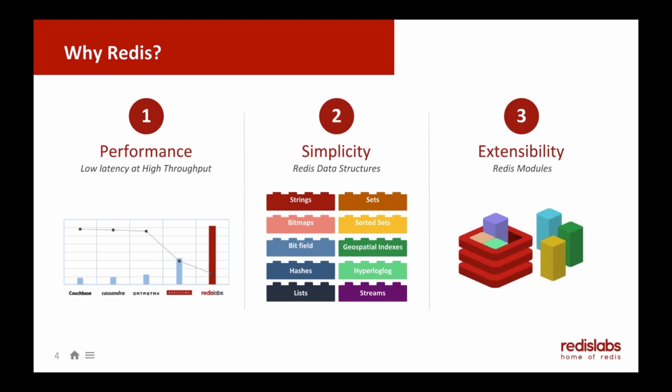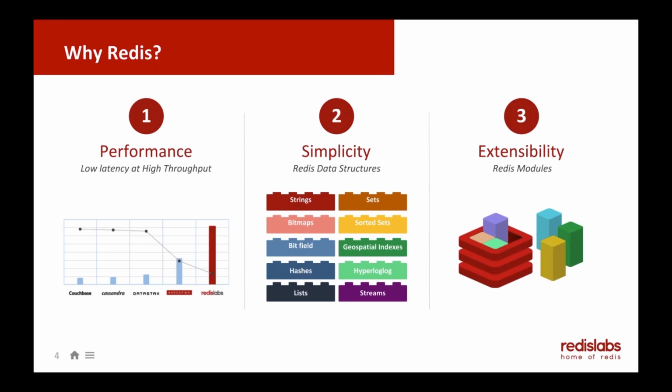Another reason why Redis is so popular is its extensibility. This capability came in 4.0 of Redis, which is available in the Redis Enterprise platform in the cloud services and on-premise product. And Redis modules essentially enable anybody to extend Redis's capabilities both with new data structures and with new commands.